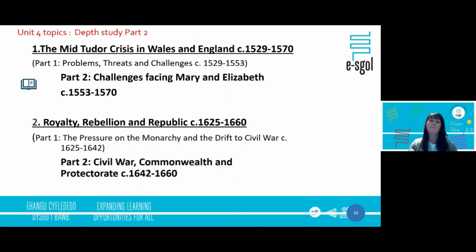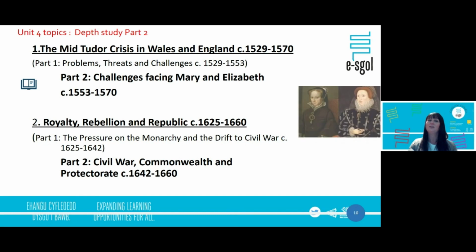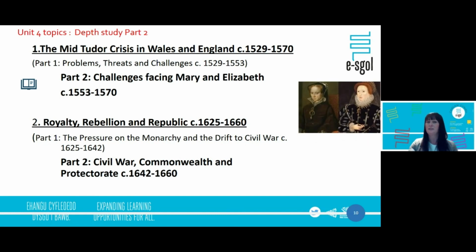Basically, the depth study means that you have to go into it in a lot of detail, so your time frame is relatively short. Part 1 is what you studied in year 12, and then part 2 is what you go on and look at in year 13, building on what you've done in year 12.